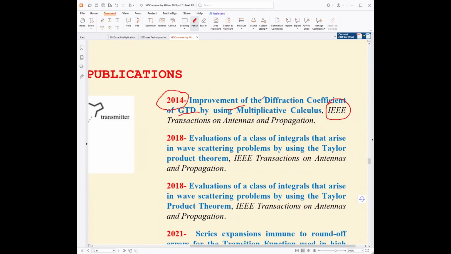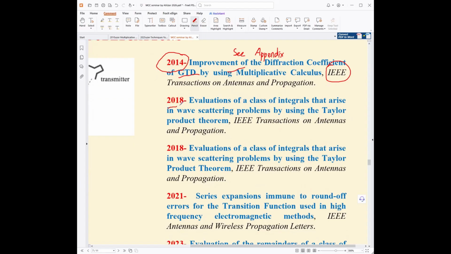In the appendix of this paper, you can see another short explanation of the multiplicative calculus. So see the appendix of this paper for a brief explanation of multiplicative calculus from the viewpoint of electromagnetic engineers.